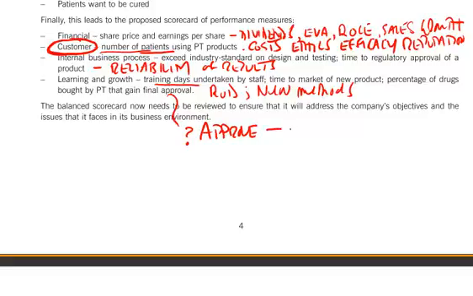Well, maybe there's a bit of a question mark over that. We should only approve drugs if they work. And I'm not sure that learning and growth is something which is measured by approving more drugs. It could be almost counterproductive there, I think. We could maybe look at research papers published.